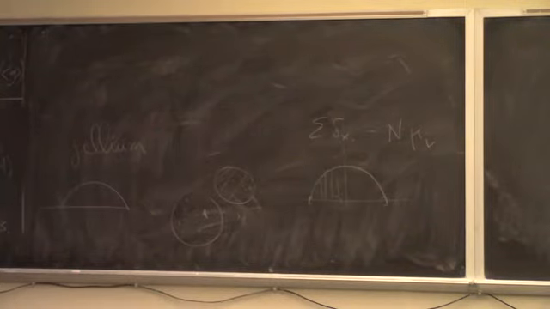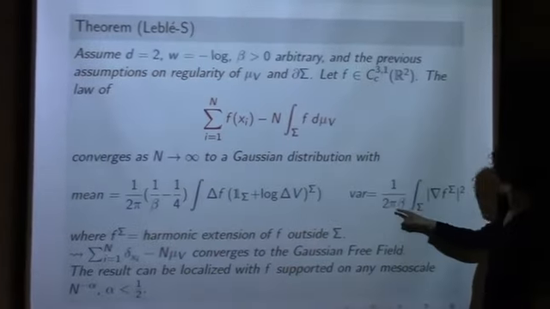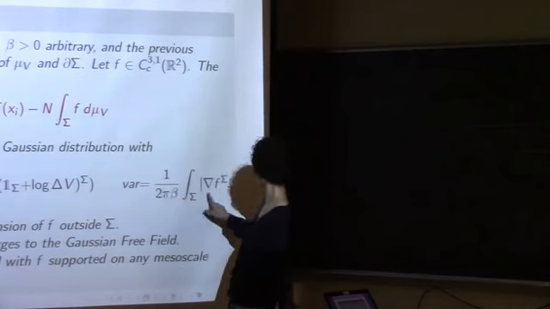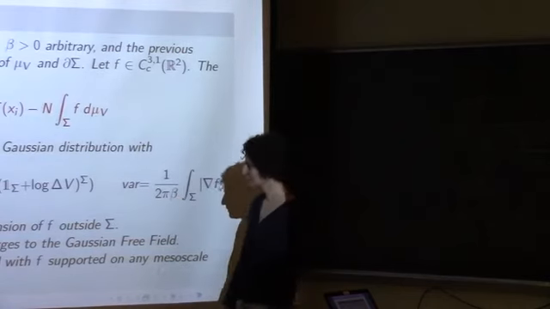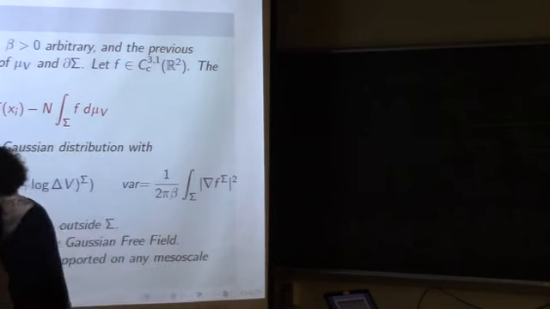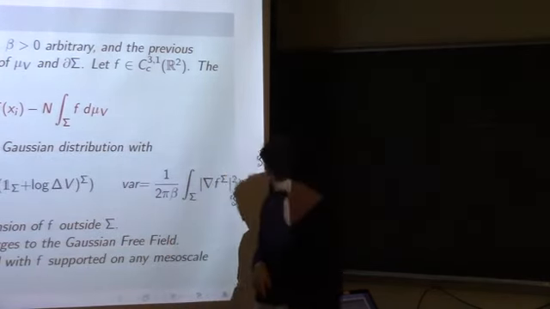And this thing is telling you that it's converging to a Gaussian distribution with a certain mean, which is completely explicit, and a certain variance. And the fact that the variance is like this and the mean is like that means that the fluctuation is converging to what's called the Gaussian free field.